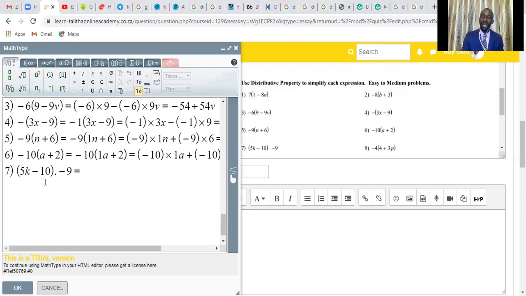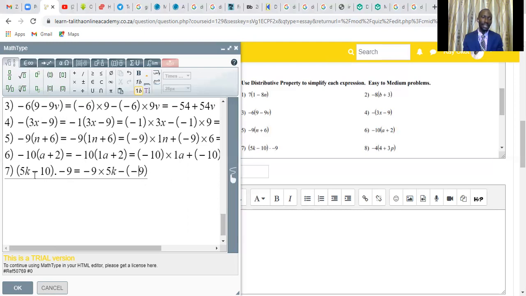We will be having -9 distributed onto 5k, and later this -9 must also be distributed onto this 10 here.